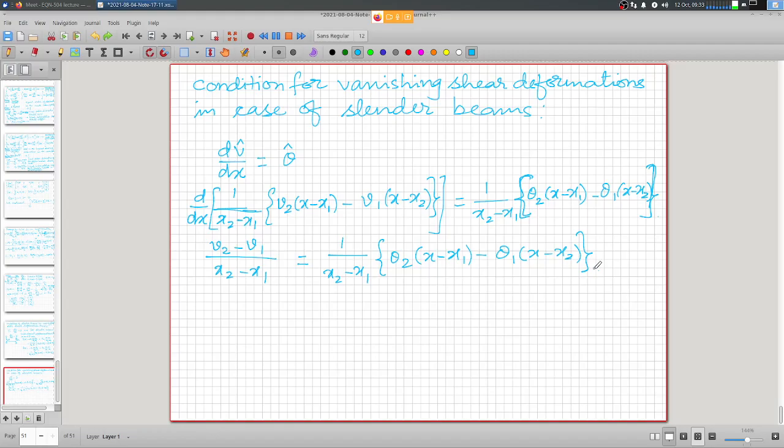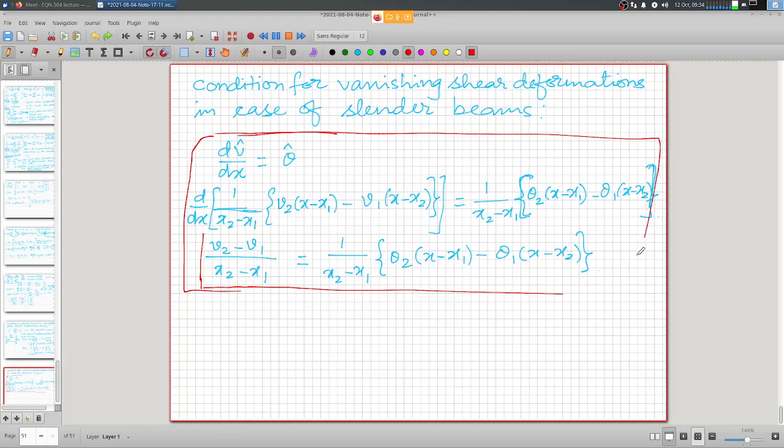This entire thing is what we call the vanishing shear constraint.